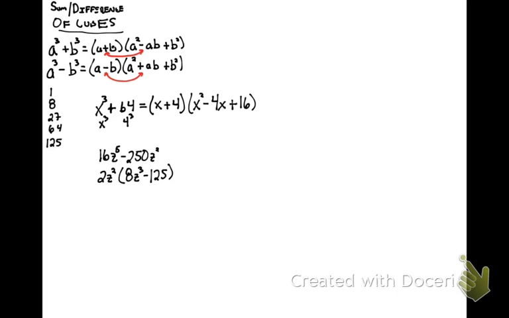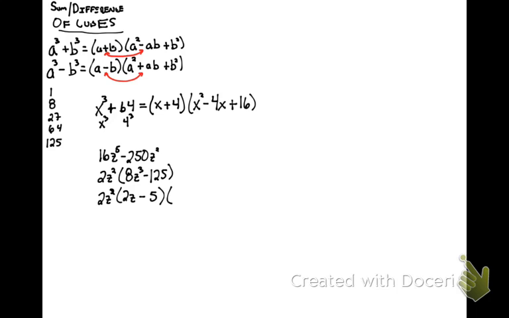This is an example of difference of cubes, and so that will factor into (2z minus 5), because 8z cubed is 2z times itself 3 times, and 125 is 5 cubed, and that will be multiplied by a squared.